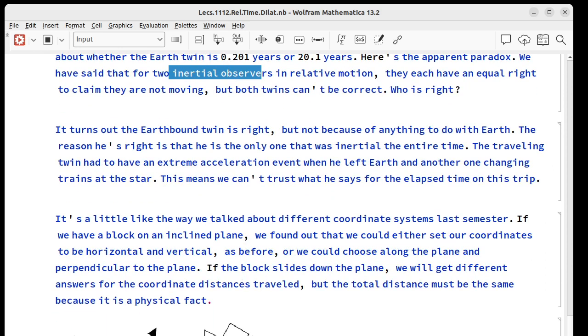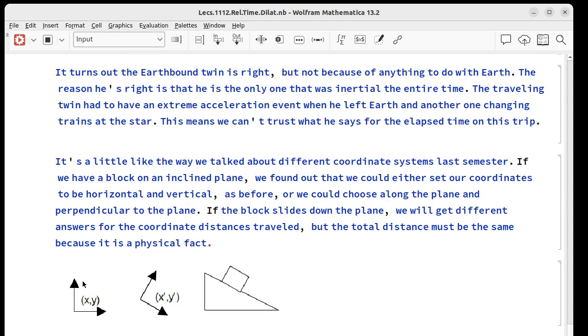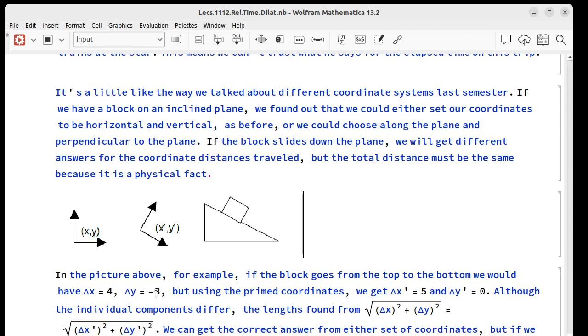This is kind of like the way in early physics 1 when you looked at a block on an inclined plane and you saw you could do it with vertical and horizontal x and y, or you could tilt them a little bit so that your x prime is along the plane and y prime is perpendicular to the plane. In this case, either way, you'll get the right answer if you do the right thing. If you use the coordinate system on the left here, you might say delta x is 4, delta y is -3.